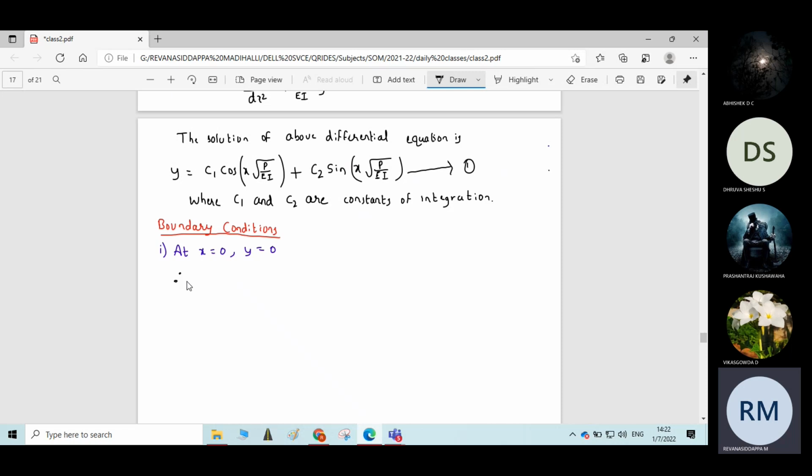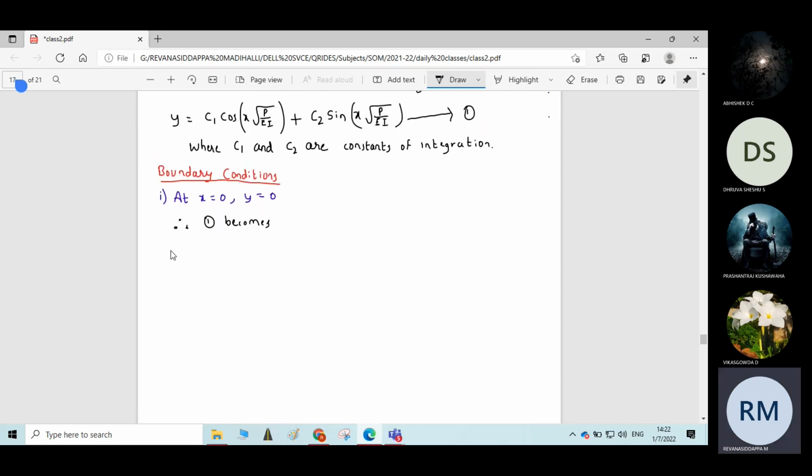So 0 equals C1 cos 0 plus C2 sin 0. Cos 0 is 1, and sin 0 is 0, so C1 becomes equal to 0. Now you got the value of constant C1.